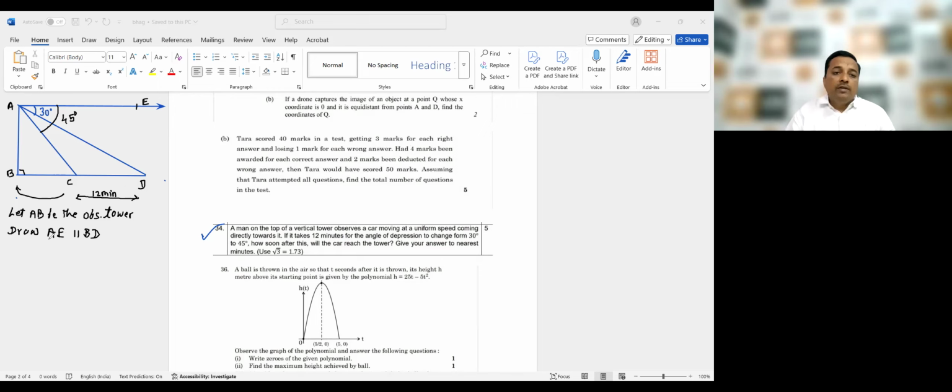Then we have to use the alternate angle concept: angle EAD is equal to angle ADB. This is 45 degrees. Now this is 45, then this one is also 45. Then the next one, sir, angle ACB would be 30 degrees. Correct.